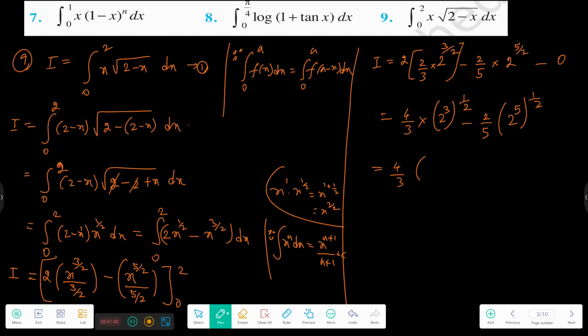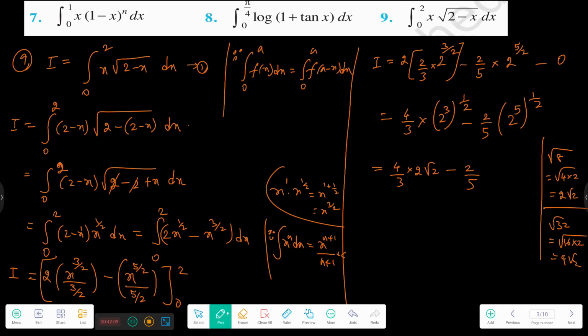Or else you can write 8 as root, 4 into 2, we can write 2 root 2. So I will write directly 2 times root 2 minus 2 by 5, and 2 power 5 is 32. So root 32 is equal to square root of 16 into 2, which is equal to 4 root 2. So 4 times root 2.